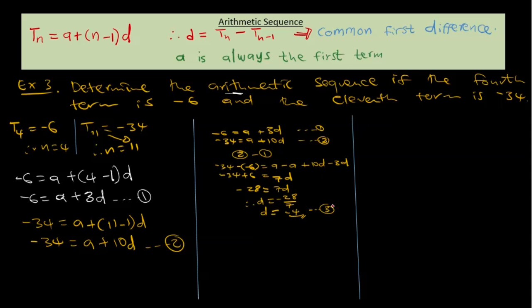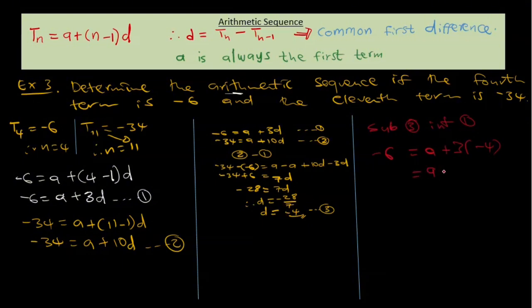Now I have equation number 3, right? So I'm going to go ahead and substitute equation 3 into equation 1, right? So equation 3 is d equals minus 4. So in equation 1, minus 6 equals a plus 3 times minus 4. So substitute d by minus 4, right?